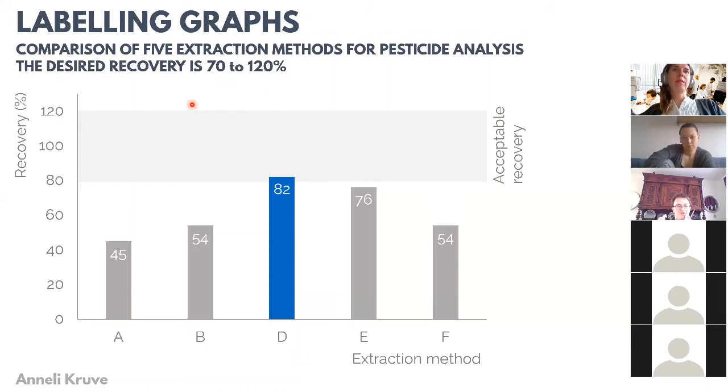And how can the recovery rate be 120% when 100% is if you get everything back, so you get more back than you originally had? Yes, it sounds not correct, but that is how the official regulation is for some of the methods. So for pesticide analysis, the official limit goes up to 120%. The reason being that some of the pesticides that are monitored are transformation products of the other pesticides.